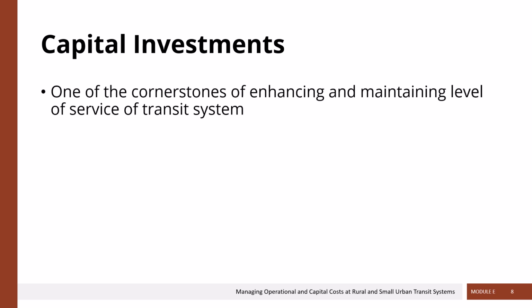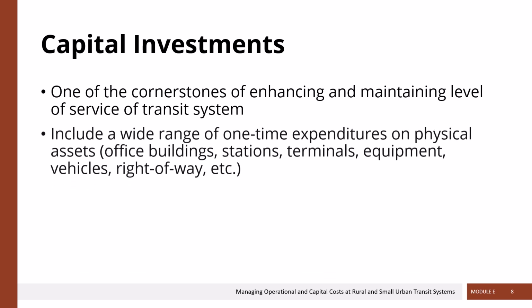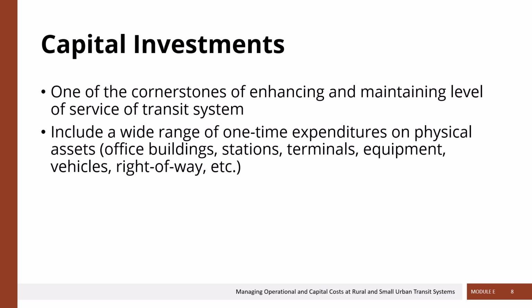Capital investments are one of the cornerstones of enhancing and maintaining a level of service, any level of service at any transit system. And capital investments include a wide range of different types of one-time expenditures on physical assets.